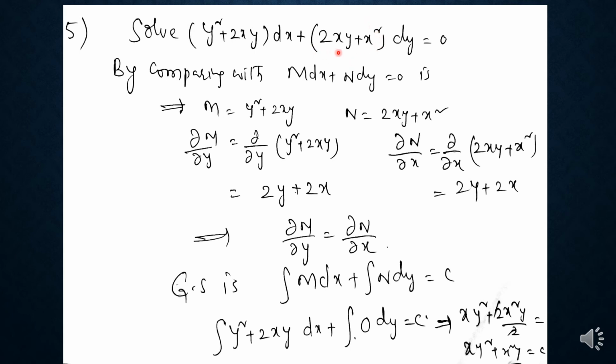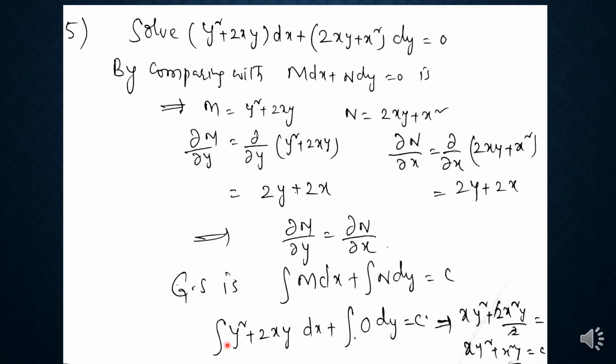If we see the first term, 2xy, x is there, so we should not take this term, and x square is also an x term. So there are no terms free from x. So N is equal to 0. Integral 0 dy is equal to c.